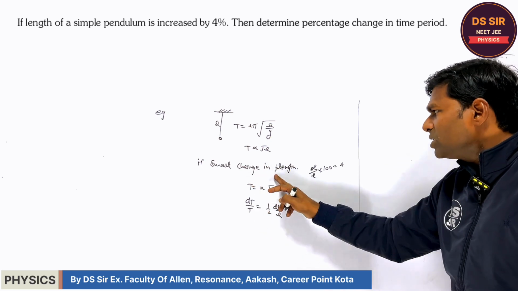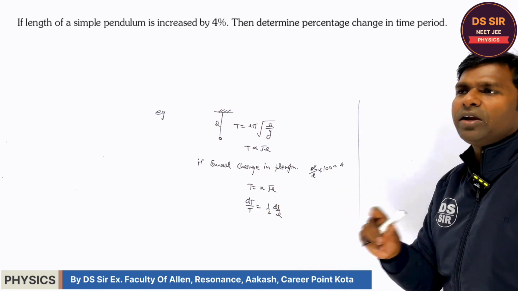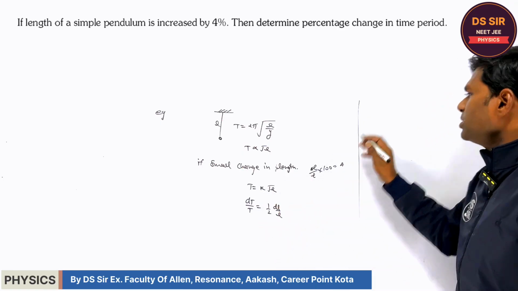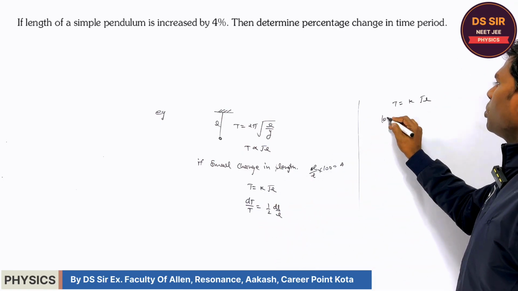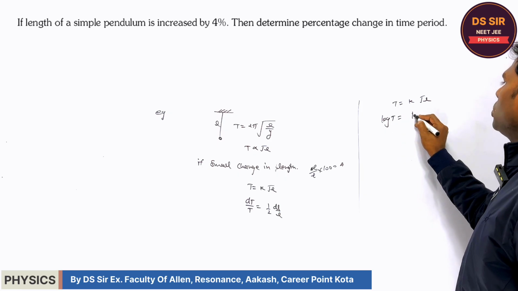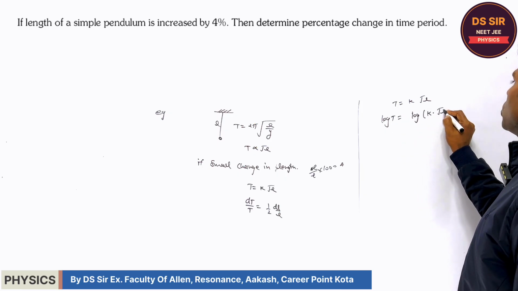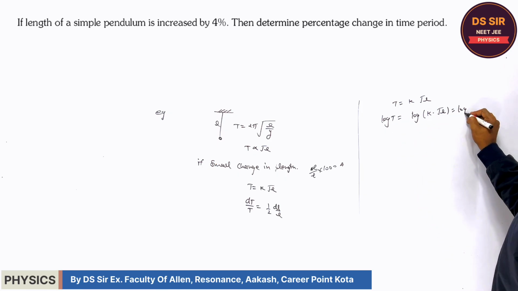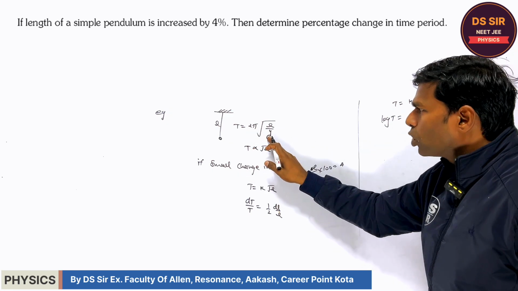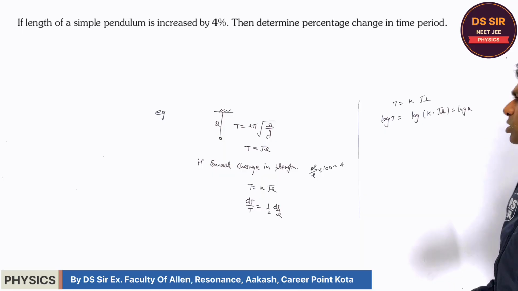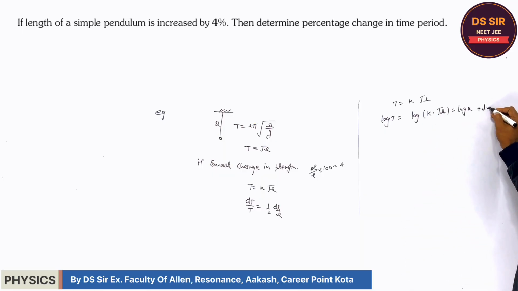If the small change is there, then we have to use differentiation. How is it? T is equal to K root L, right? Take the log both sides. Log T is equal to log K into root L, which may be written as log K, where K is the constant (instead of 2 pi root g, we have taken this constant), plus log root L, right?